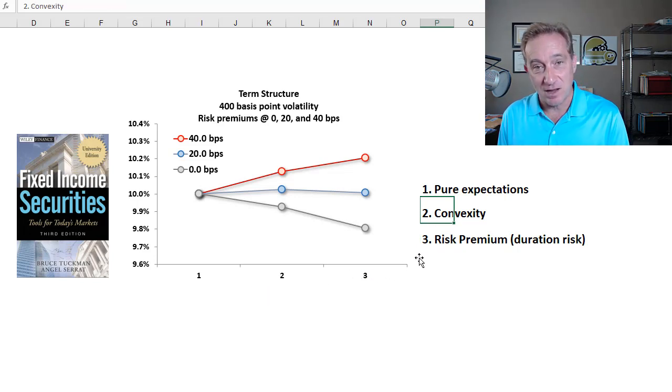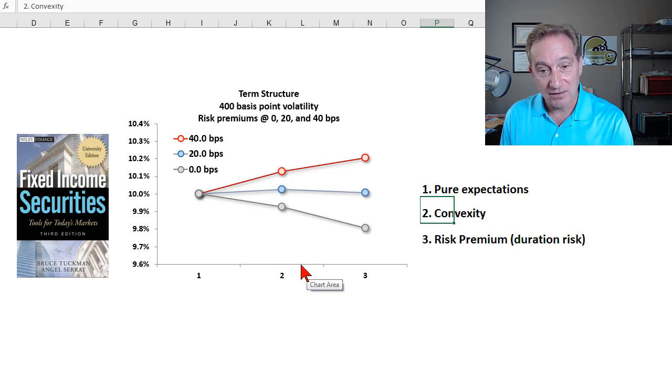The first one I'm going to do is the more difficult one. That's to mathematically show how convexity shows up in the shape of the term structure, and it is going to be here a force that pulls the spot rate, these longer term spot rates, down.